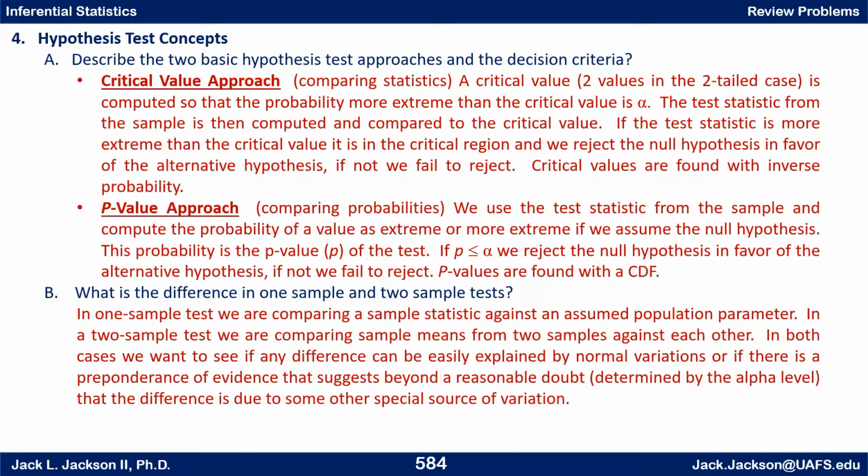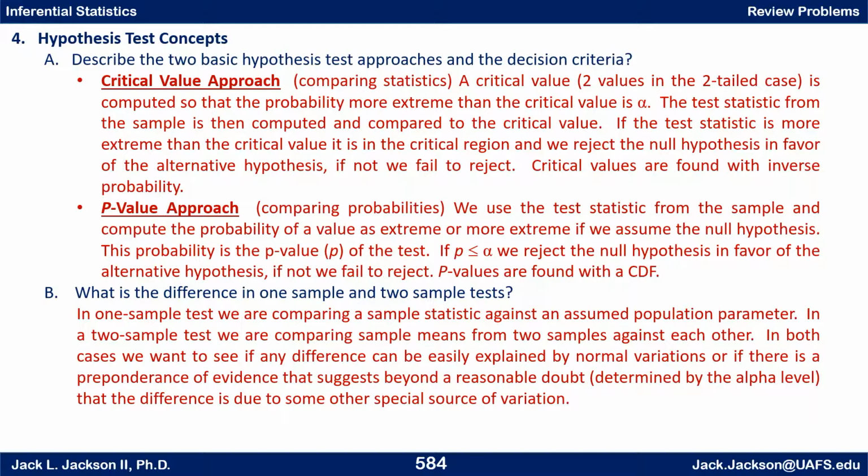Well, the two basic approaches are a critical value approach and a p-value approach. Sometimes the critical value approach is called the classic method. In the critical value approach, we compare statistics. In the p-value approach, we compare probabilities. In the critical value approach, a critical value, or two values in the two-tailed case, is computed so that the probability more extreme than the critical value is alpha.